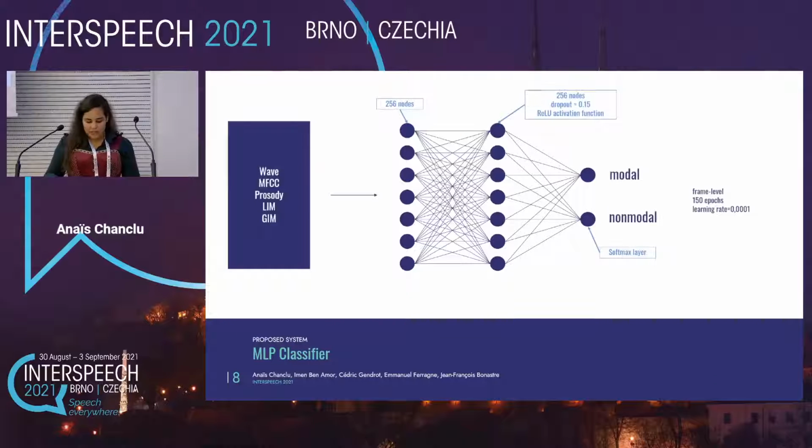The neural network classifiers are MLPs composed of a 256-node hidden layer, a 0.15 dropout, and a ReLU activation function. The output layer is a softmax layer, and the training is done at the frame level during 150 epochs, with batch sizes of 50 frames.